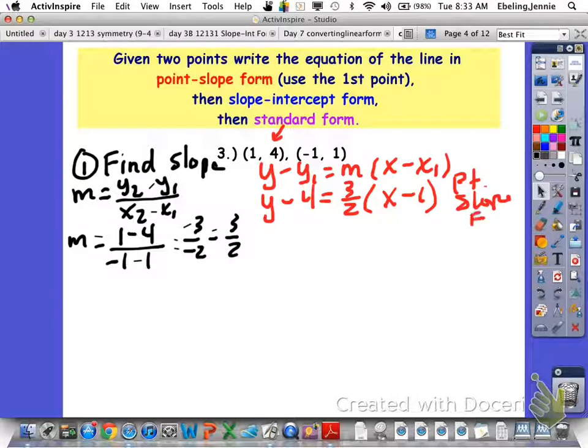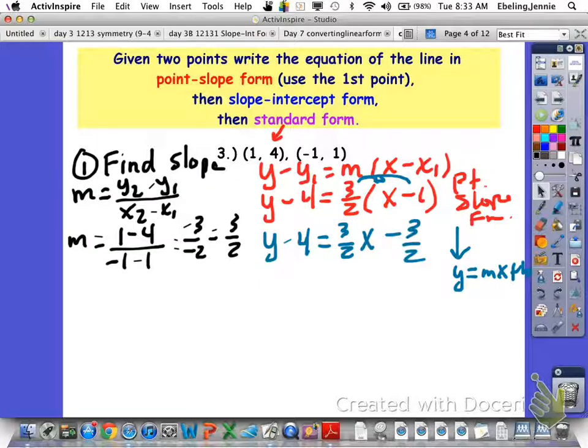And now I want to rearrange that. First I'll put it in slope-intercept form, which means I have to get the y by itself. It has to look like y equals mx plus b. So that means I got to do some distributing here. So I'm going to have y minus 4 is equal to 3/2 x minus 3/2.